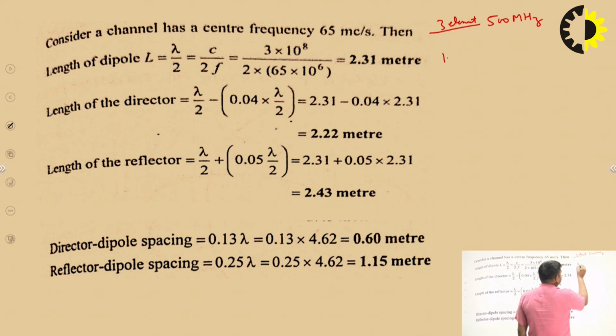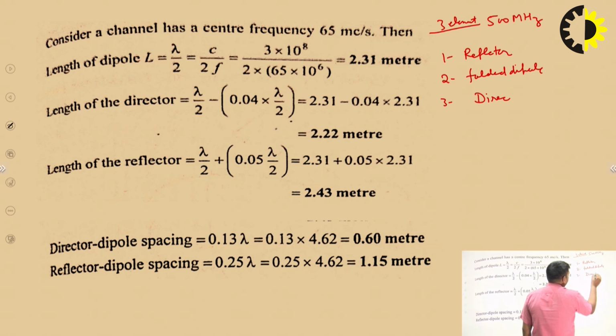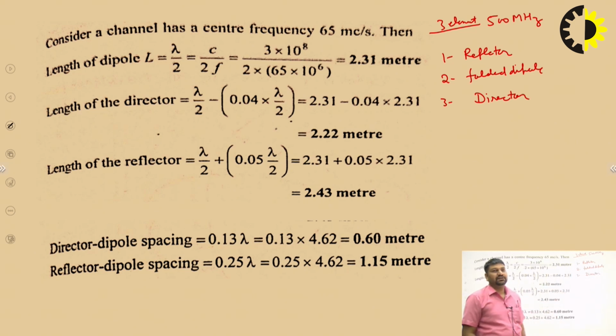The first is the reflector, the second one is the folded dipole, and the third one is the director. So in this question, a 3 element Yagi antenna has to be designed at 500 megahertz frequency.